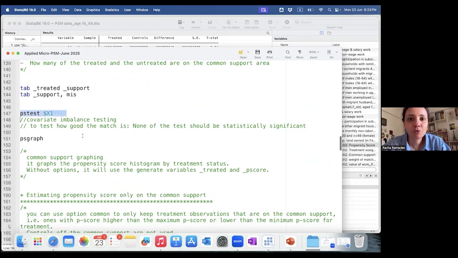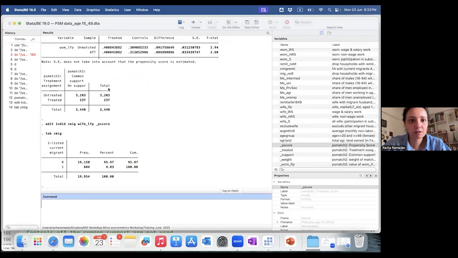You know from this table that you have 237 who are treated, and you want to match each one of the 237 treated with one, or with n observations, or with the kernel, from the 3,000 observations. And after matching, you want to be sure that they have common characteristics.